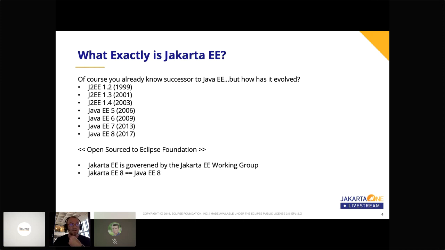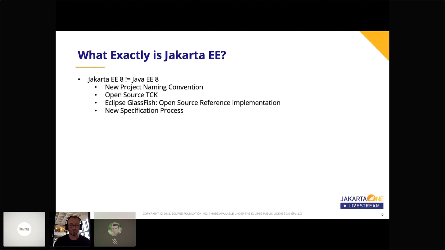And Jakarta EE is then what the new platform is going to be known as. If you look at the overall project, there is a top-level project known as EE4J. This is kind of the umbrella project for all of the different underlying projects. Jakarta EE is governed by the Jakarta EE Working Group, and the Jakarta EE8 release is equal to Java EE8 as far as parity goes.